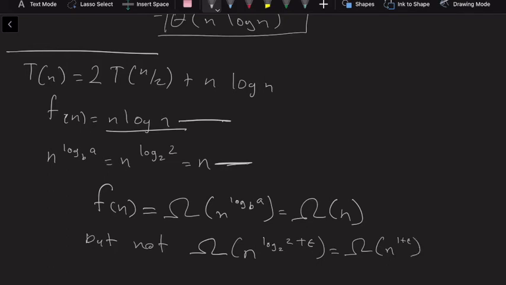Because as soon as we have a power that is bigger than 1, that polynomial of something bigger than 1 is going to be bigger than n log n. It's going to be an upper bound. So because here it is lower bounded by n, but not lower bounded by n^(1 plus some epsilon), we cannot use the master theorem. So we can't use master theorem.